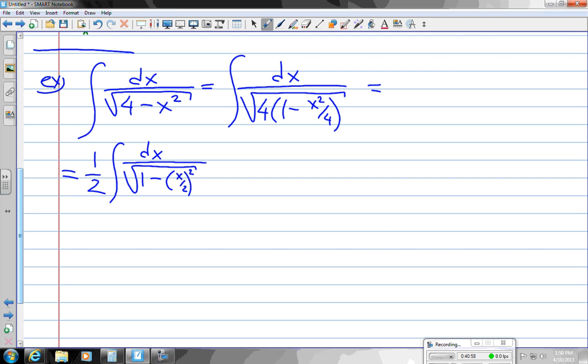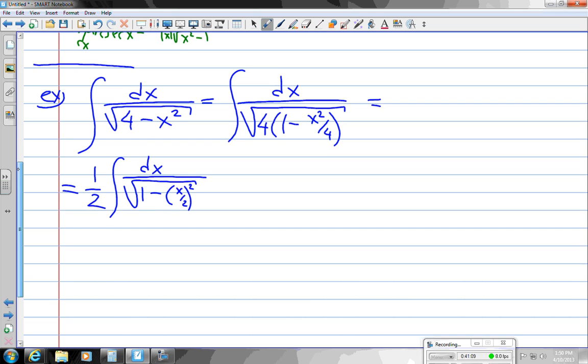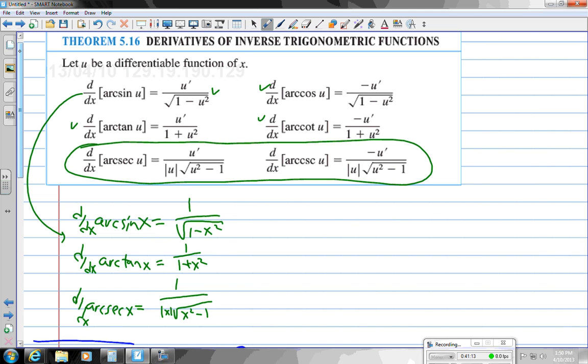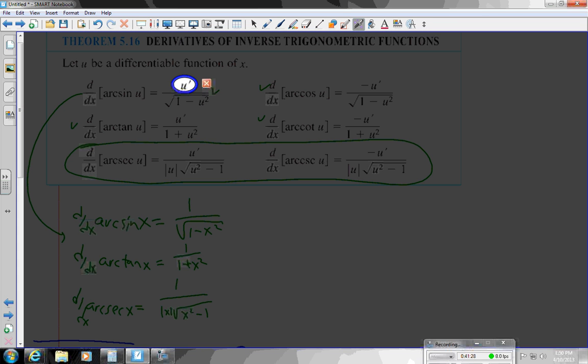Then I have 1 minus x over 2 squared, 1 minus something squared. Now I can get a little more sneaky, because look at the relationship that I seek. I have a function squared, and then I have a derivative of that function.